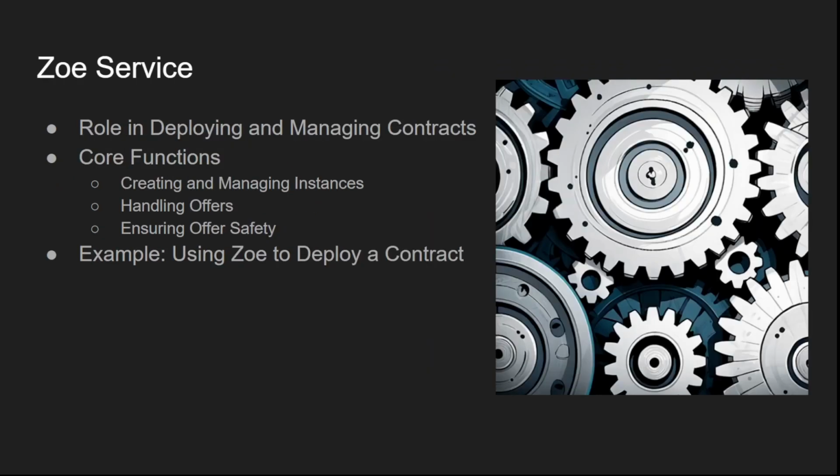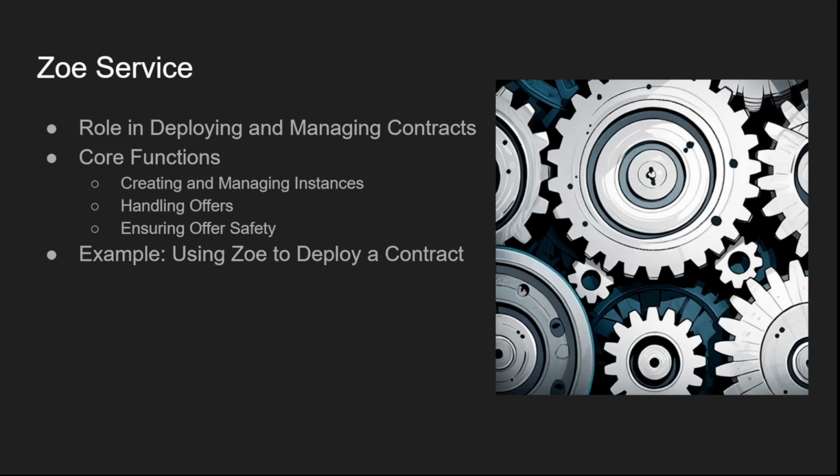Let's dive into the Zoe Service, a fundamental component of the Agoric platform that simplifies the deployment and management of smart contracts. The Zoe Service is a framework within Agoric that facilitates the secure creation, execution, and management of smart contracts.